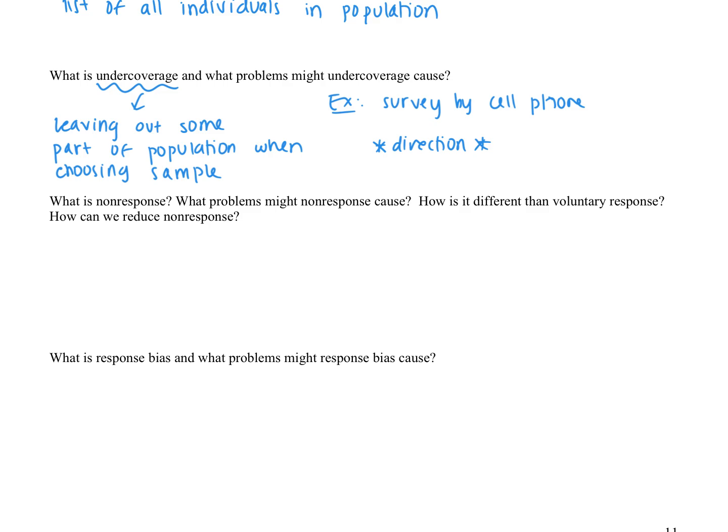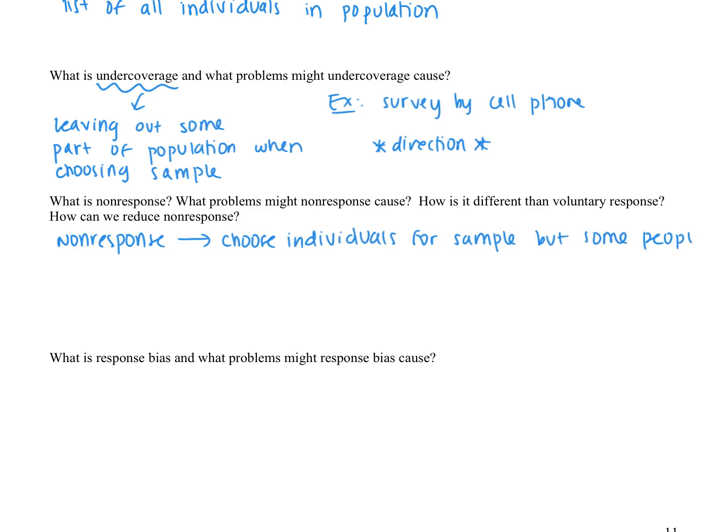Okay. Two other things, non-response bias. This is when we choose individuals for the sample but some people don't respond. This is kind of related to voluntary response bias, but they're not the same.